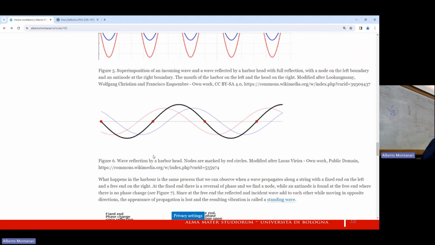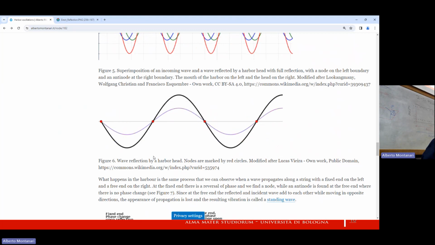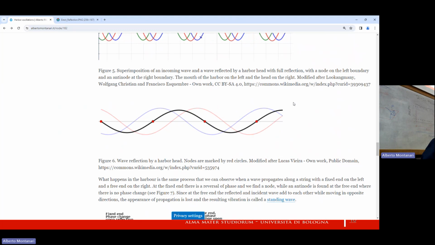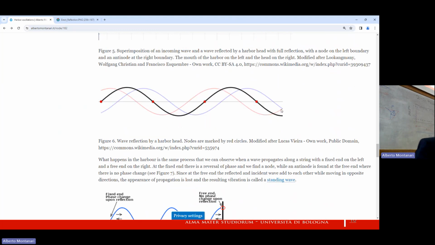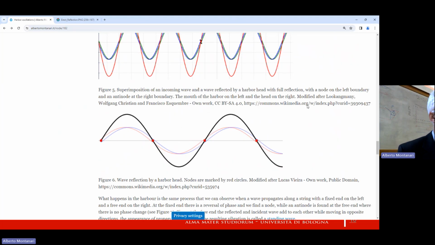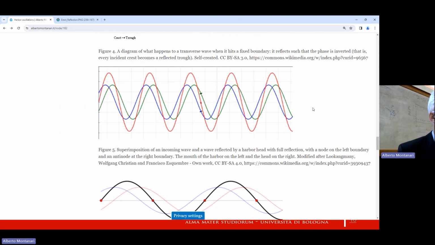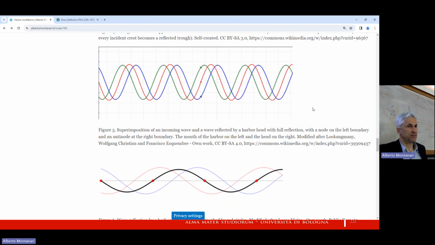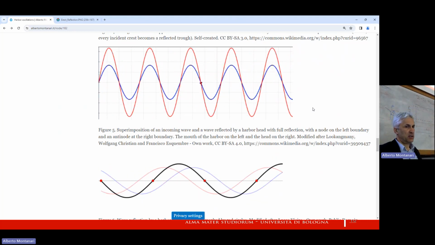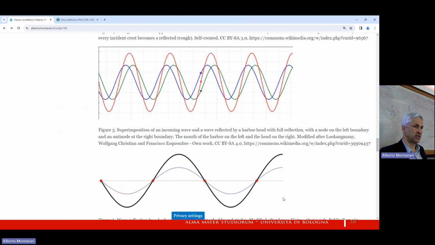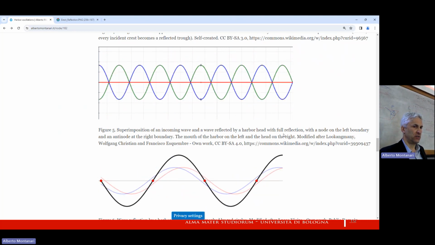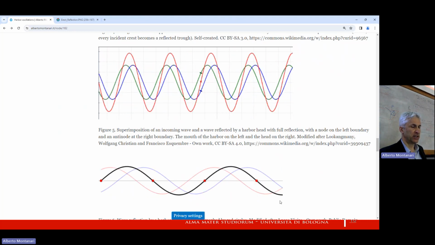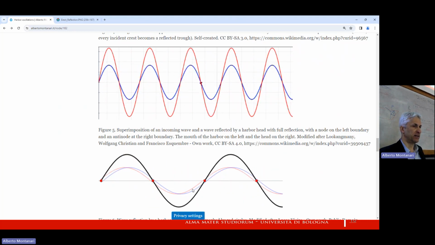So basically you have the incident wave, the reflected wave, and you see the result here. The lower figure is more understandable with respect to this one, but you can also look at both of them. It's the same situation. So this is the head of the harbour. And you see why it's called a standing wave.